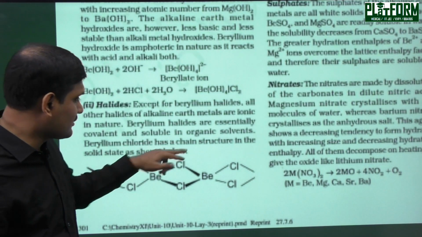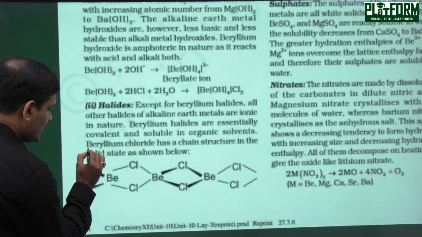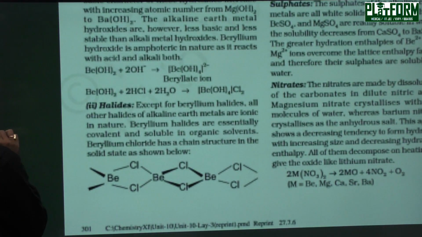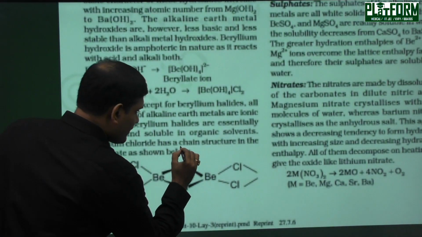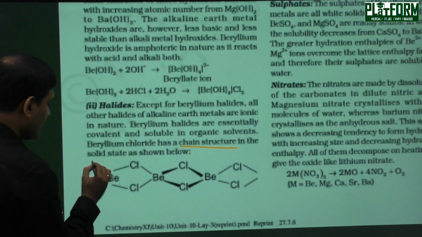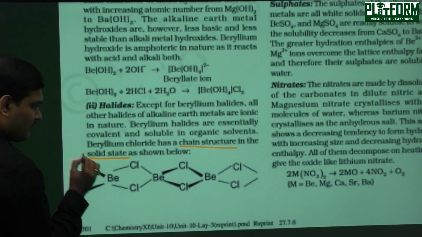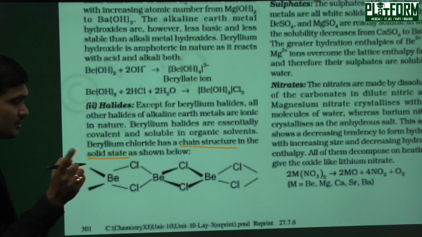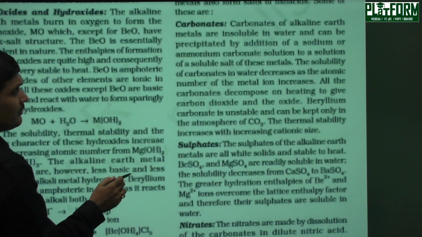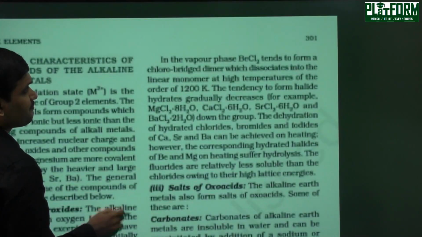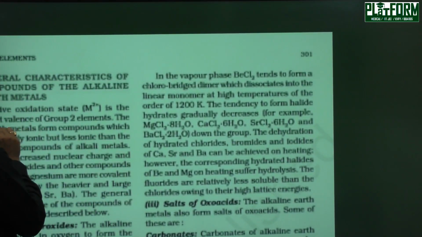Beryllium chloride has a chain structure. It is given directly. It has a chain structure in solid state, directly asked from NCERT text. And it is also given in vapor phase BeCl2.